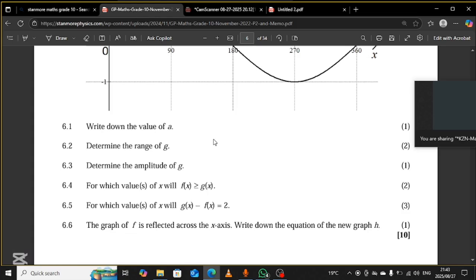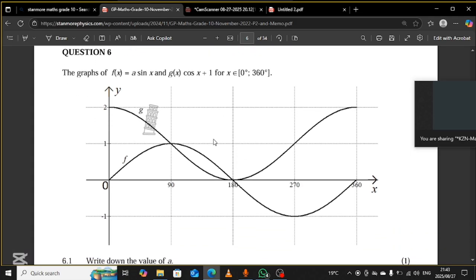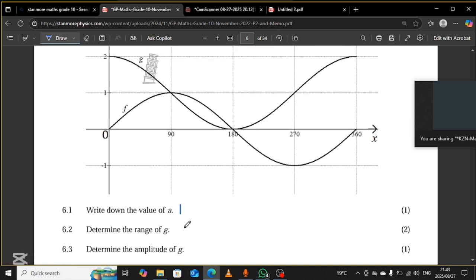So okay, what was the value of a? The value of a was 1. And then determine the range of g. The range of g is positive 2 and negative 1. That was wrong.